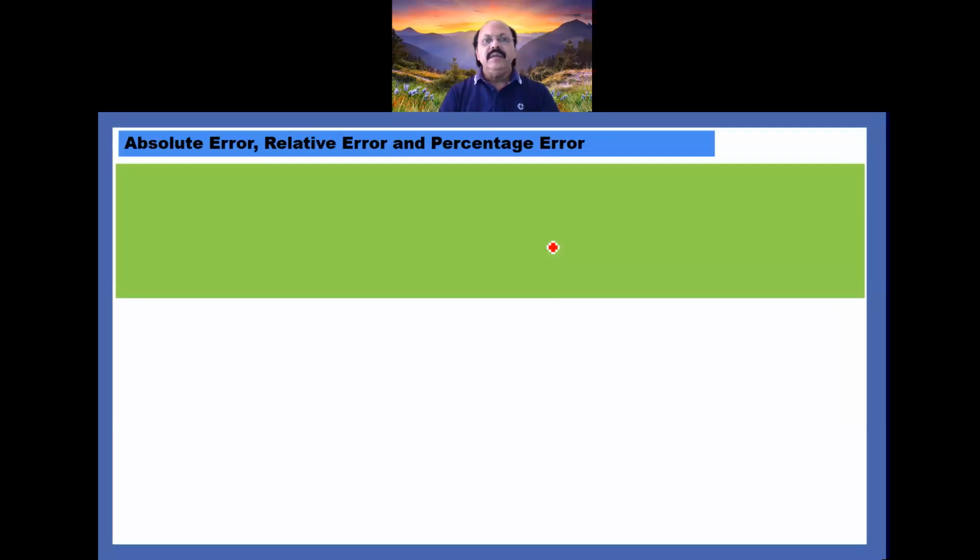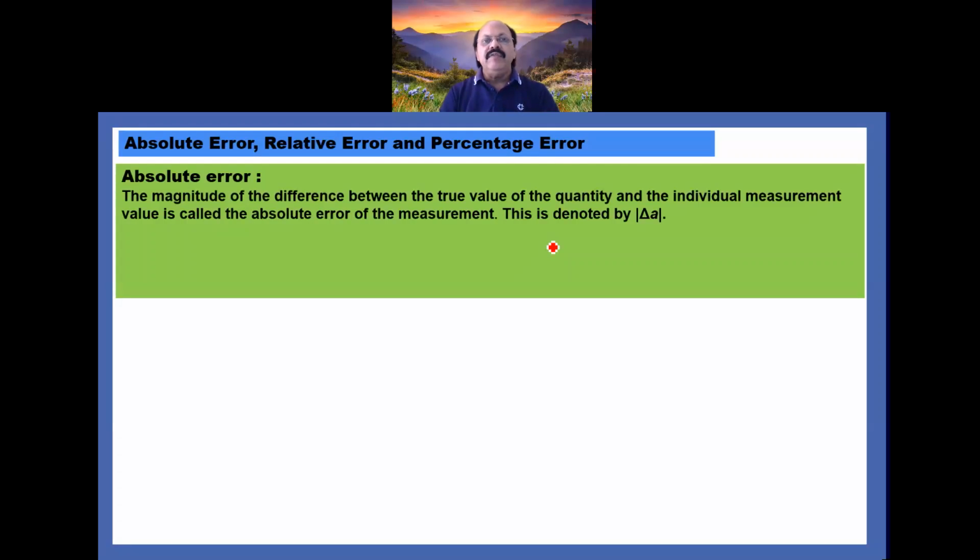So first of all, absolute error, relative error and percentage error all together. First I explain absolute error. The magnitude of the difference between the true value of the quantity and the individual measurement value is called the absolute error of the measurement.